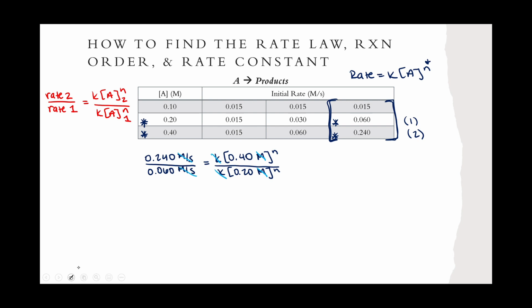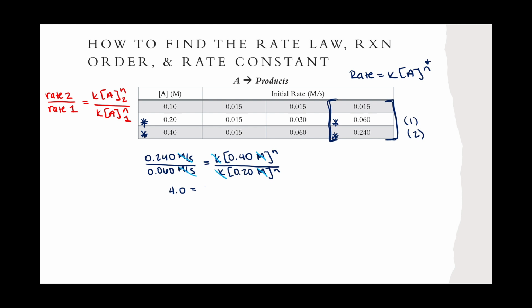And now I'm just going to simplify. On this left side of the equation, 0.240 divided by 0.060 comes out to be 4.0. On the right side of the equation, both of these values are raised to the same exponent n, and they're being divided by each other.